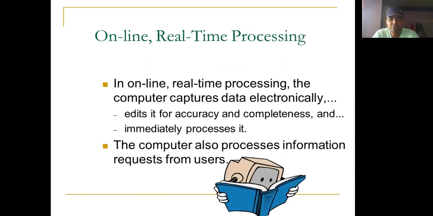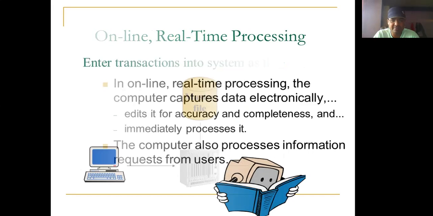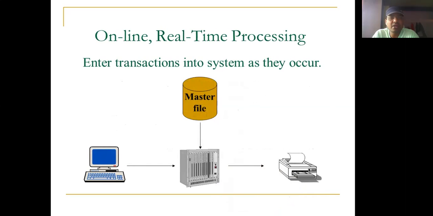The computer also processes information requests from the user, taking the request from the user and processing it accordingly. In online or real time processing, transactions are entered into the system as they occur.